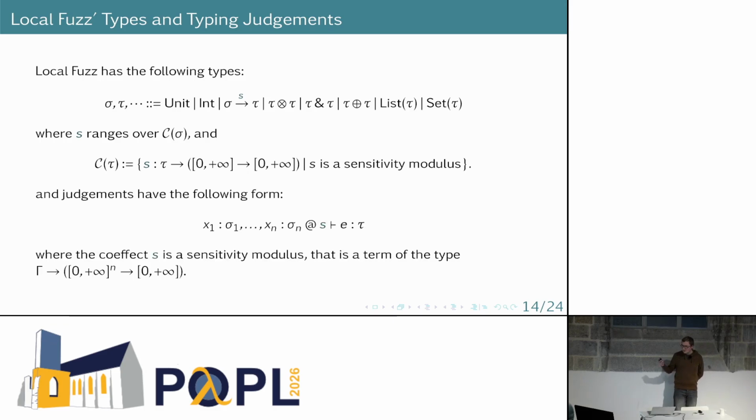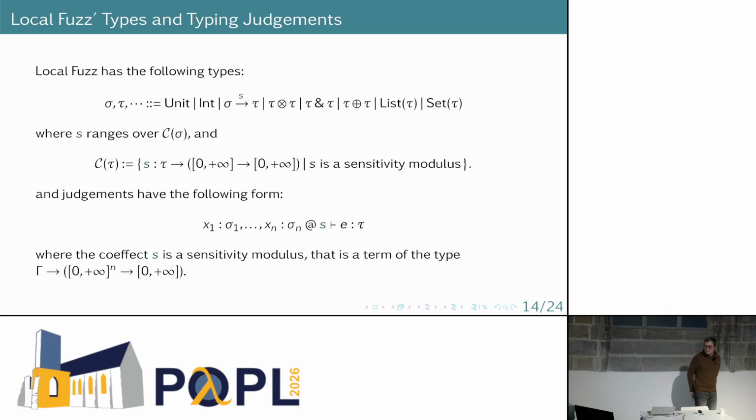Okay, and now we can consider judgments as follows. We have a set of pairs of variables and types plus a global coeffect, a context-wise coeffect rather, S, which is a function that takes all the radii and gives you back a number.